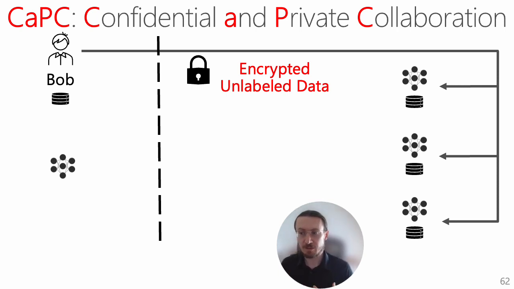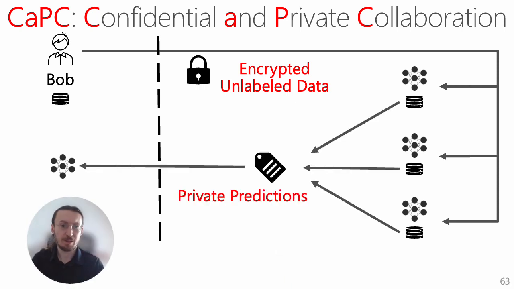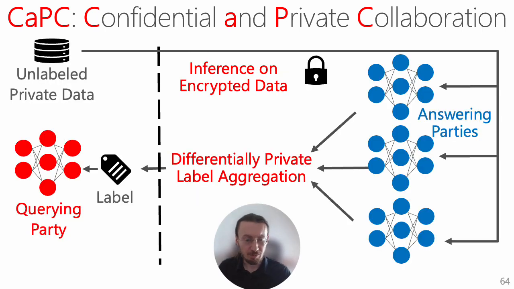Then these parties do inference on Bob's encrypted data. Then we aggregate the predicted labels and release the final prediction in a private manner to Bob to improve his local model.